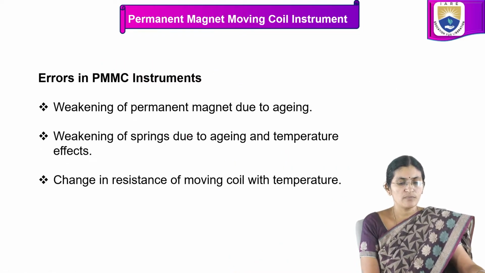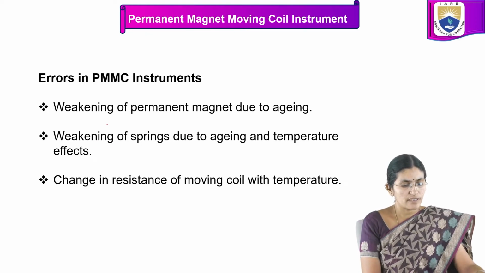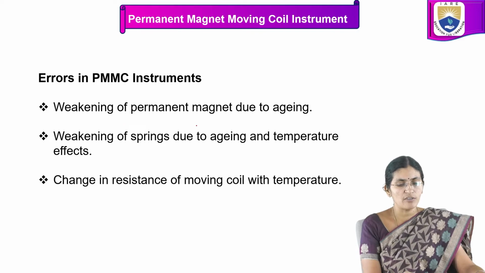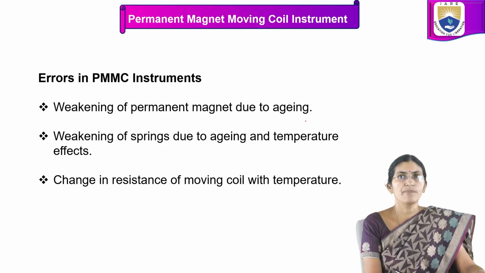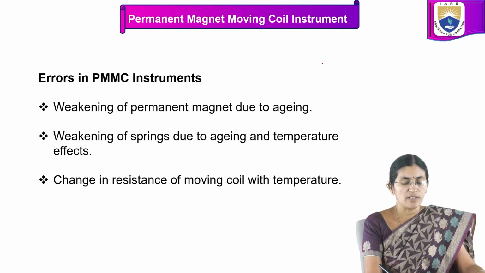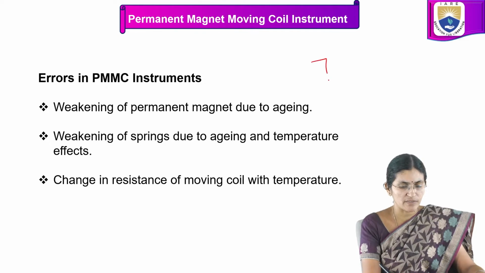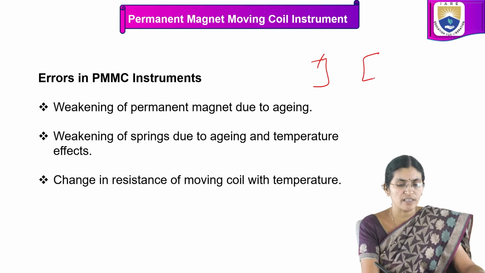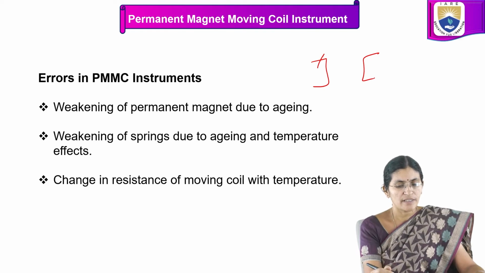Next, errors in PMMC instrument. Coming to the errors, there are three types of errors. First is weakening of permanent magnets due to aging. We are using permanent magnets in the PMMC instrument, as we have seen. These permanent magnets lose their magnetism after some point of time. In order to reduce this, we initially reduce its magnetism, and then whatever magnetism is remaining is left forever.